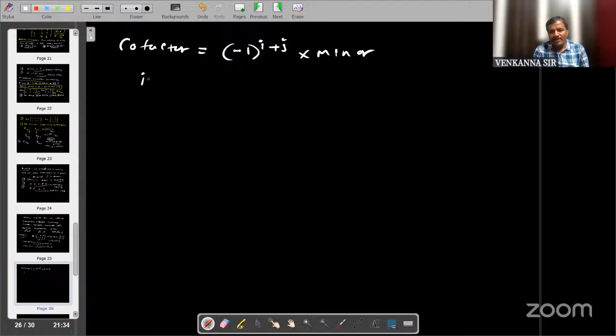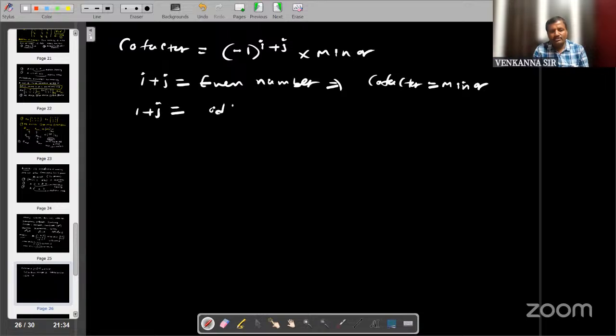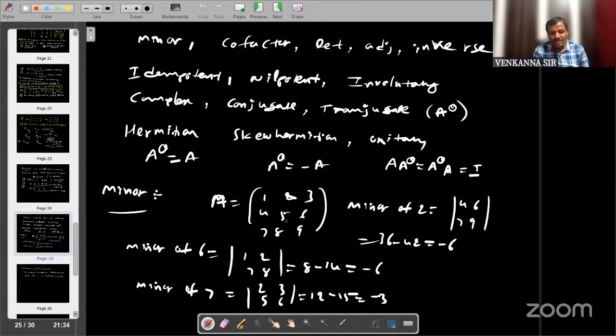If i plus j is an even number, then cofactor and minor become the same. If i plus j is an odd number, cofactor is equal to minus into minor.